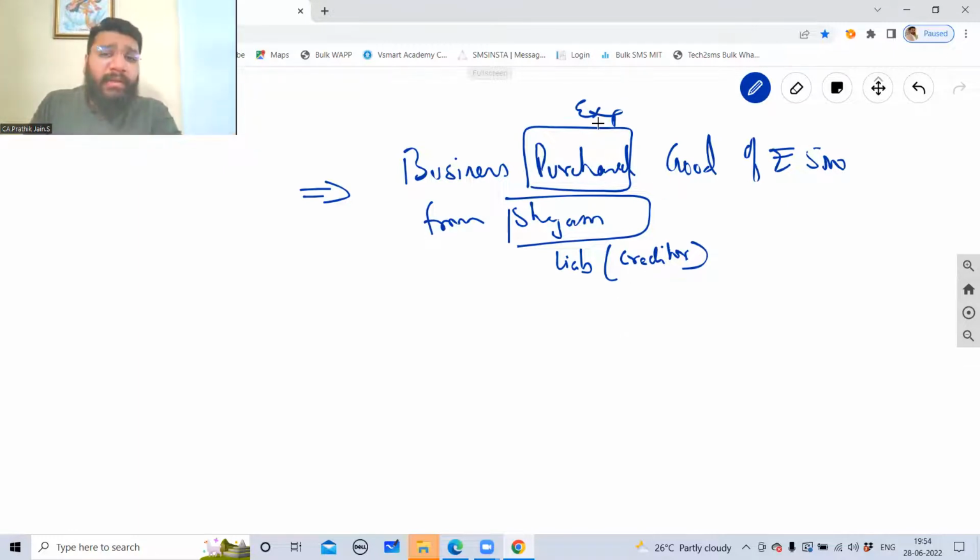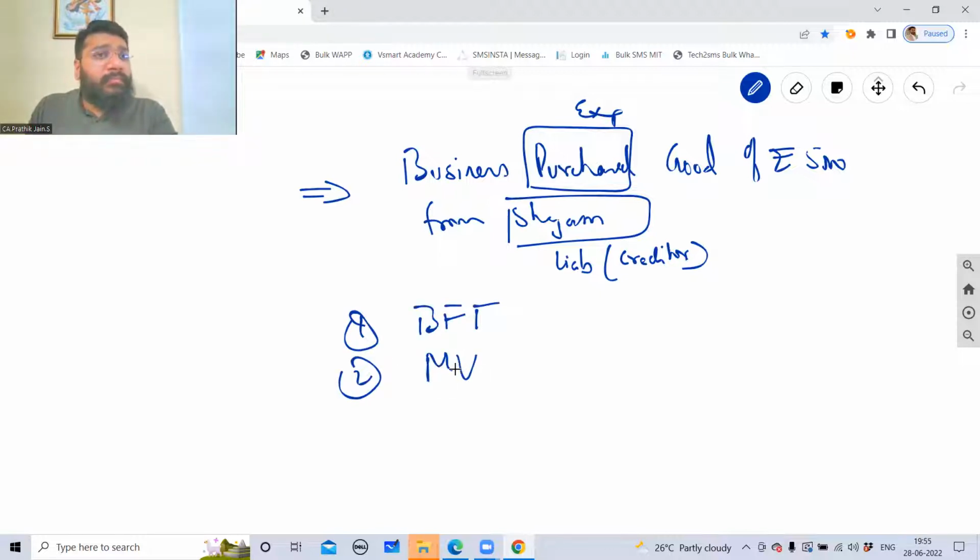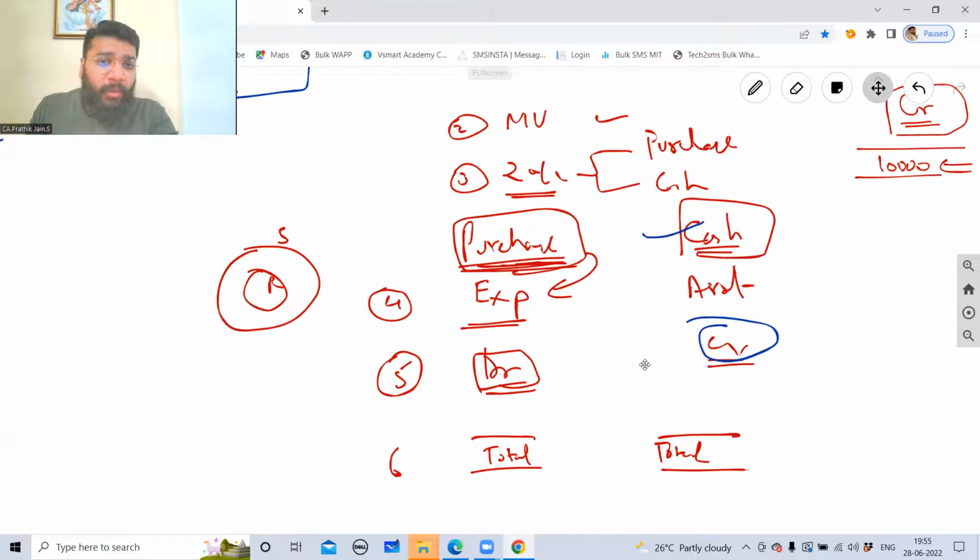So the two accounts that are affected are purchase and Sham. So first of all, this is a business financial transaction. Second, can I say there's a monetary value in this? I measured it in terms of money. Third, step 3 is what?